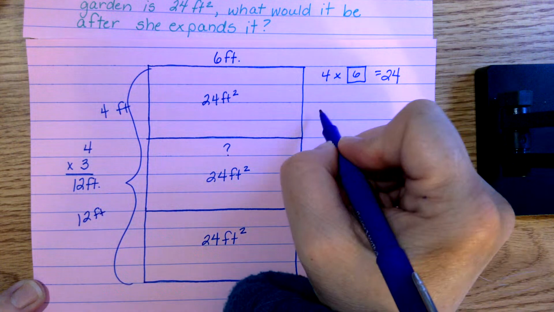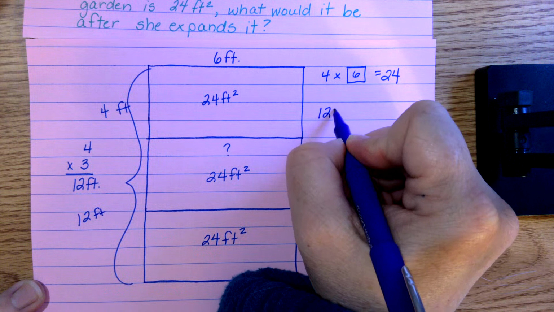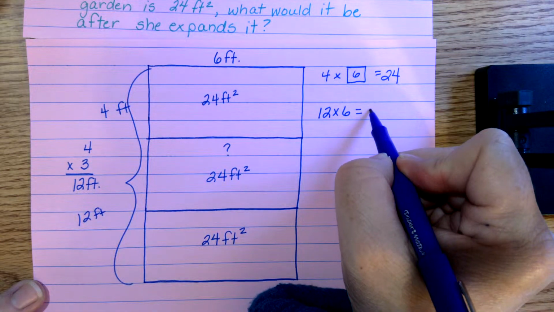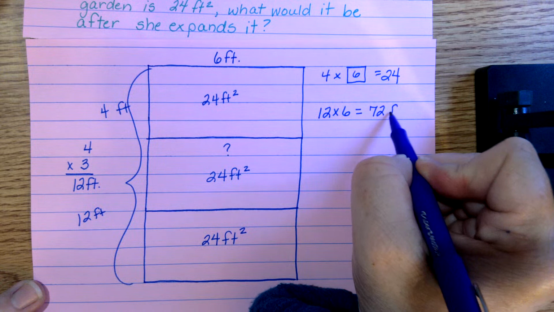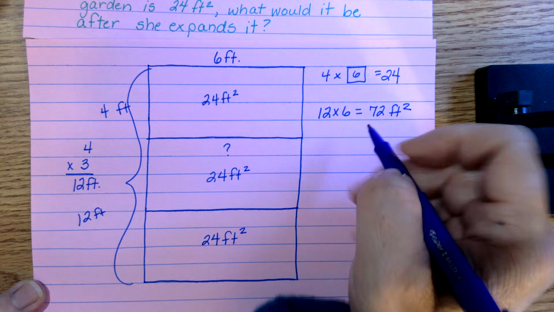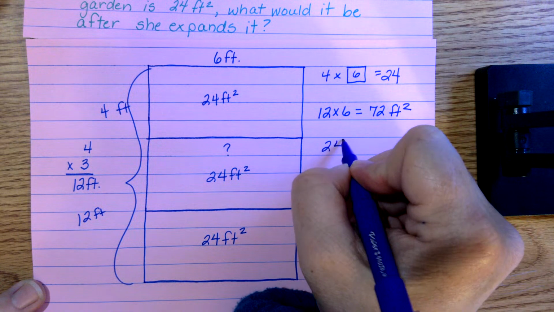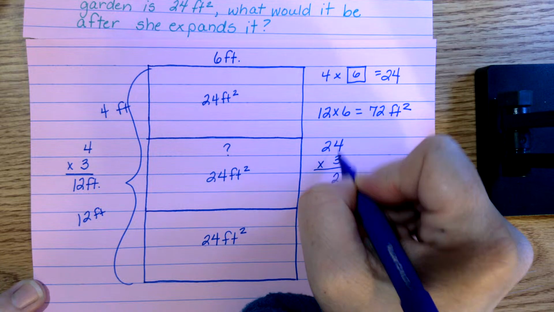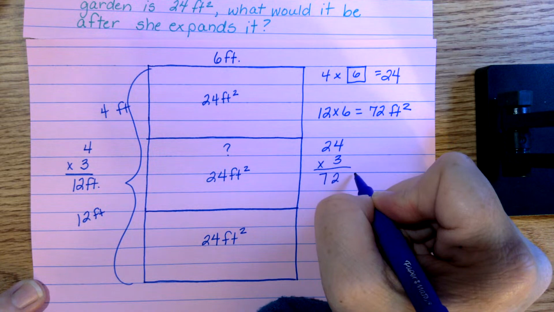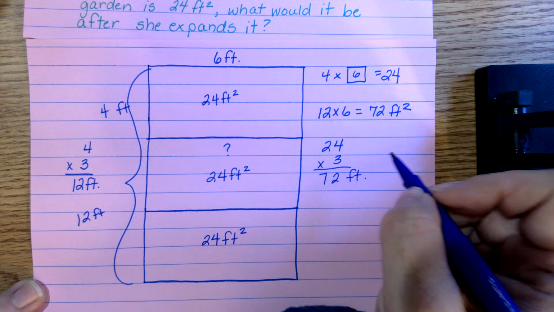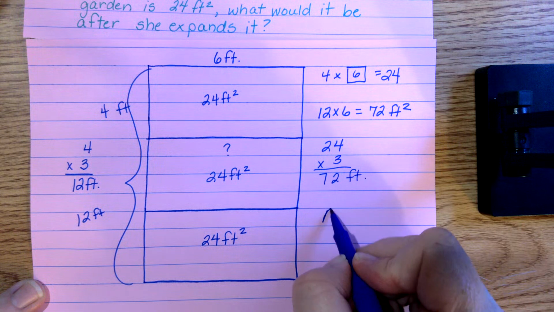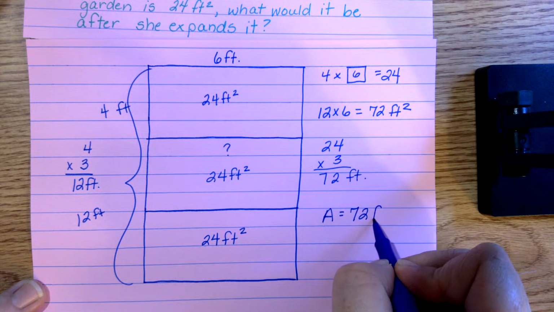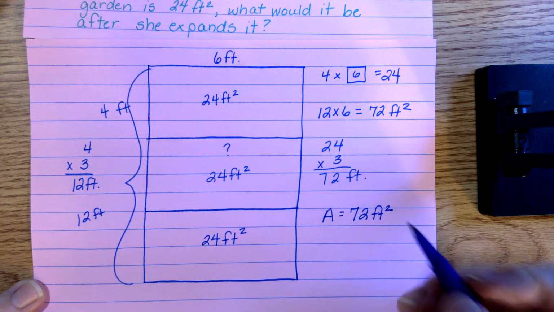For me, doing 12 by 6 is easier. That equals 72 square feet. But doing 24 times 3 might be easier for you. 4 times 3 is 12, carry the 1, 72 square feet. So the area of her garden after she expands it would equal 72 square feet.